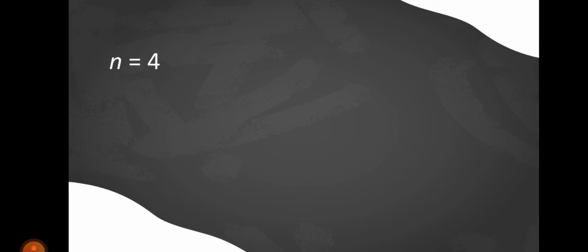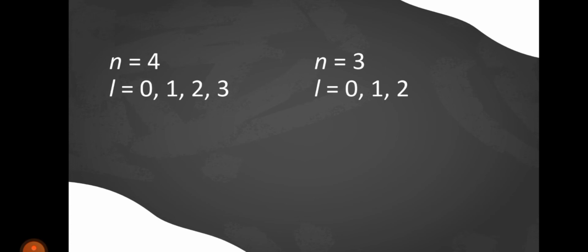Ang possible values ng L would be 0, 1, 2, and 3. If we have the value of n of 3, we have the possible values of L, which is 0, 1, and 2. Kapag ang value ng n ay 2, ang possible value ng L ay 0 and 1.